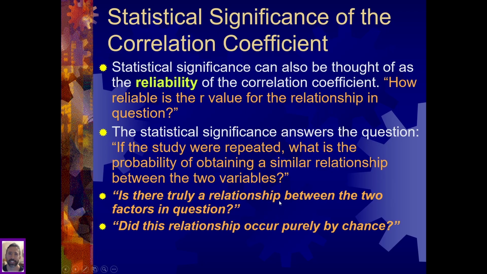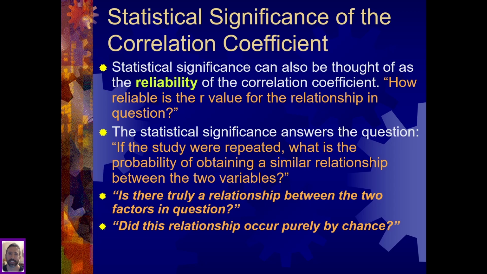All right, so is it statistically significant? Basically, what this is asking is how reliable is this R value concerning the relationship between these two factors? A question this can answer is, if this study were repeated, what is the probability of obtaining a similar relationship between these two variables?